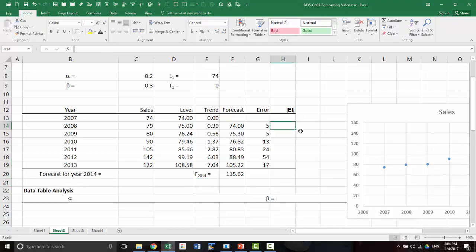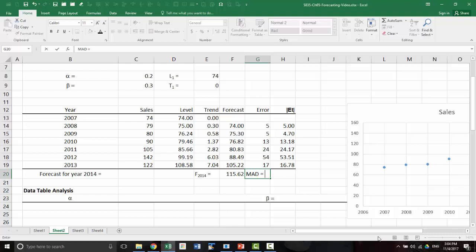Now we can set up the absolute value of the error, and then our MAD will be the average of all that.